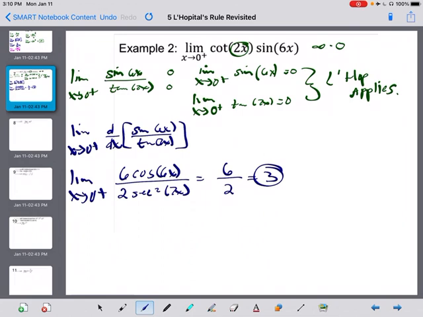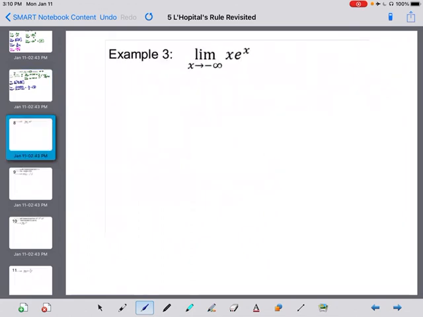Okay, next one. So here, we have the limit as x approaches negative infinity. So we plug in, this is going to be plugged in for x, just gives me negative infinity times e to the negative infinity, which is the same thing as negative infinity times 1 over infinity, which is basically negative infinity times 0.